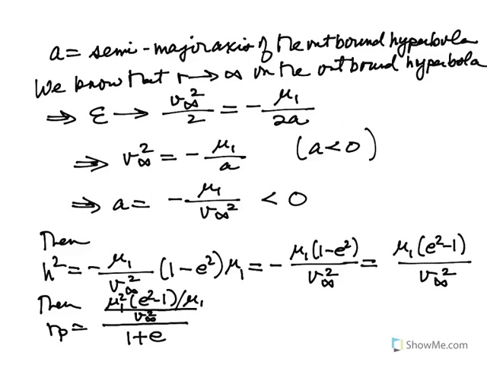So that whole thing simplifies to, we get mu1 times e minus 1 all divided by v infinity squared. So there's the radius of periapsis.